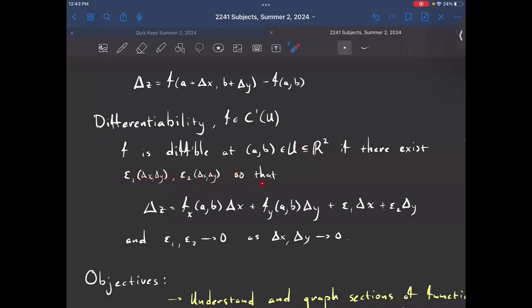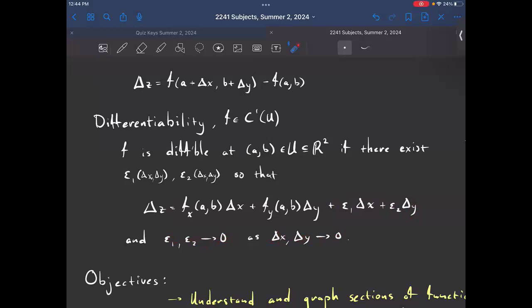So if these exist so that the increment can also be written in this linear way, we have what looks like the tangent plane almost, plus epsilon1 times delta x plus epsilon2 times delta y. And what's important is that these two functions tend towards 0 as delta x and delta y tend towards 0.